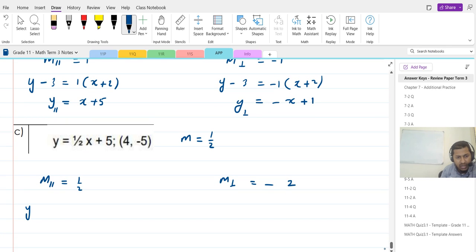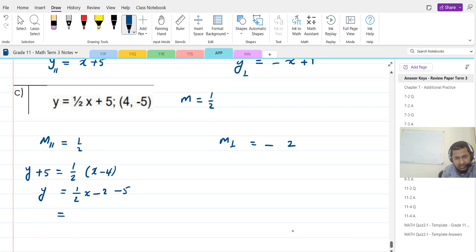So y minus y1, what's y1? Minus 5, so minus minus 5 becomes plus 5, half into x minus 4. If you open this up and take the 5 over, you're going to get half x minus 2 minus 5. So the final equation is half x minus 7. That's the equation of the parallel line.